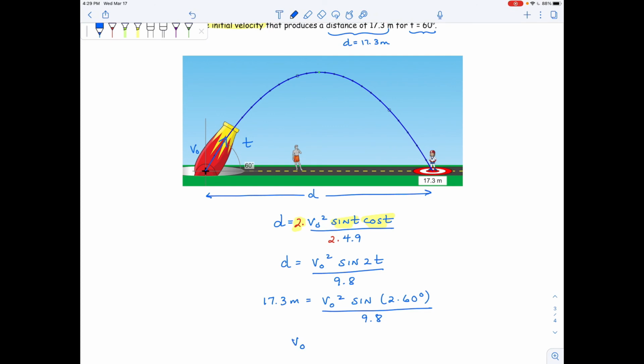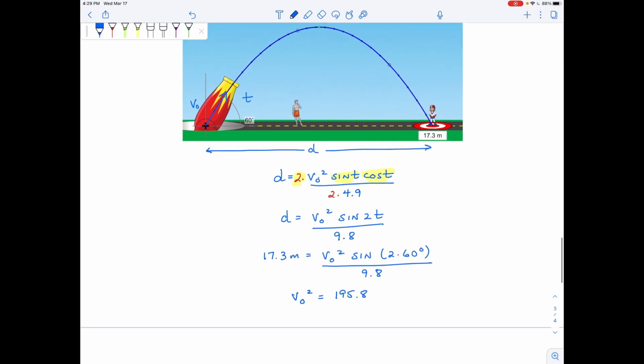I'm getting v naught squared equals 195.8. So v naught would equal plus or minus the square root of 195.8, or plus or minus 14, and those units would be in meters per second.